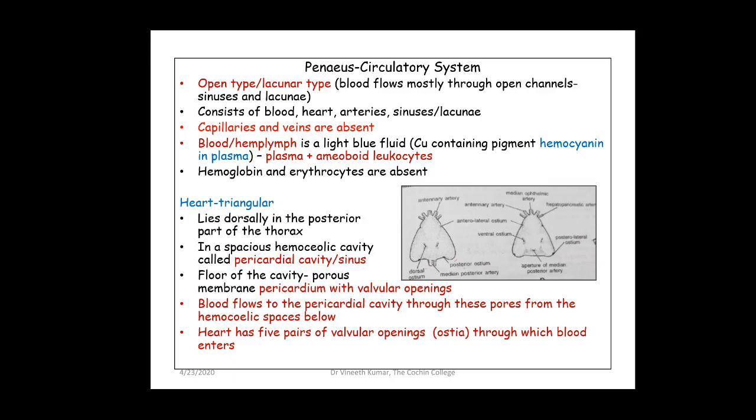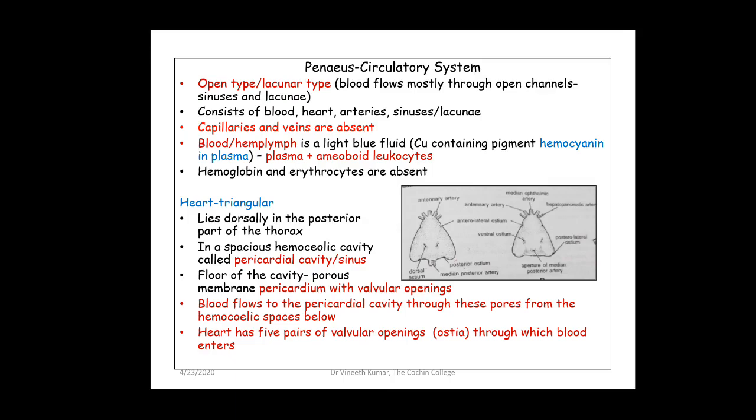The floor of this particular sinus is a porous membrane which is called the pericardium, and this membrane contains many valvular openings. The blood flows to the pericardial cavity through these pores from the coelomic spaces below.